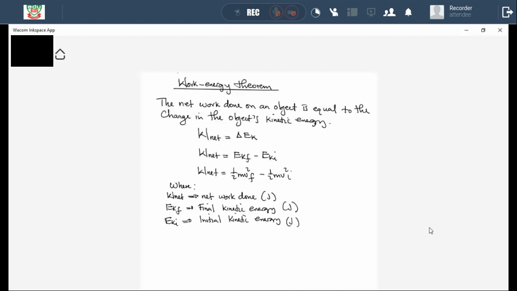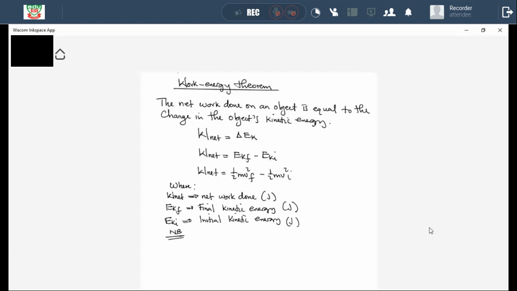And maybe you need to appreciate your mass there. M represents the mass, and your mass is supposed to be in kilograms, and your velocity is supposed to be in meters per second. So maybe I need to capture that as NB.